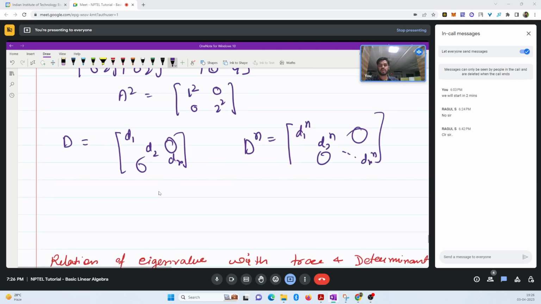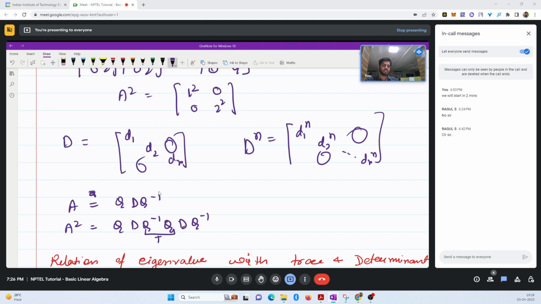ठीक है, अब हमने क्या बोला था कि if we have A, and it is diagonalizable, then we can write it in the form Q D Q inverse. So अगर हमें A square निकालना हो, so what it would be, Q D Q inverse, one more Q D Q inverse.